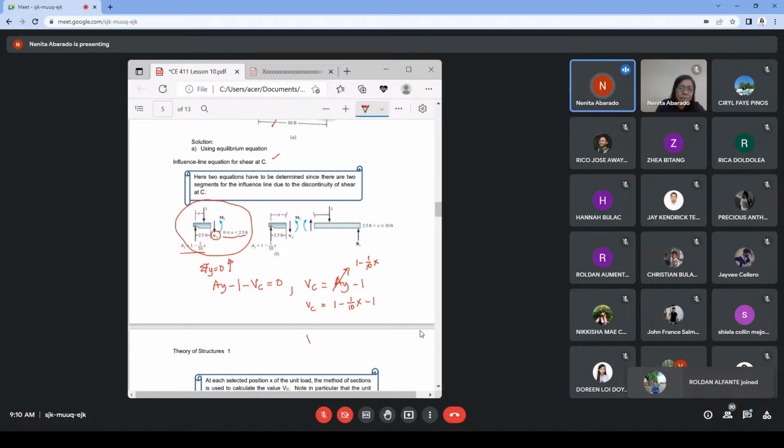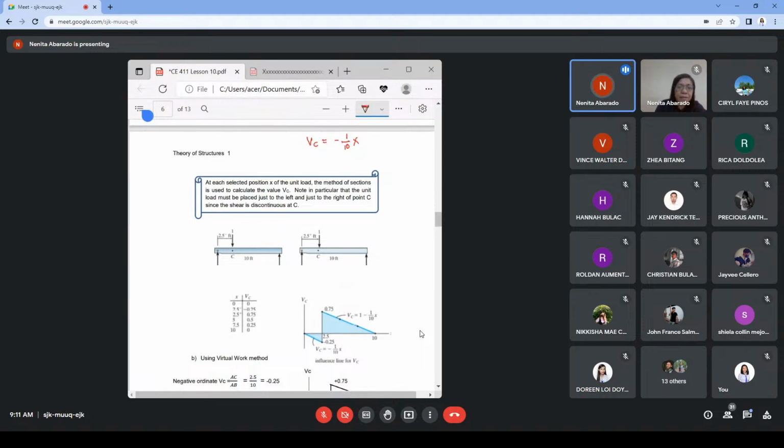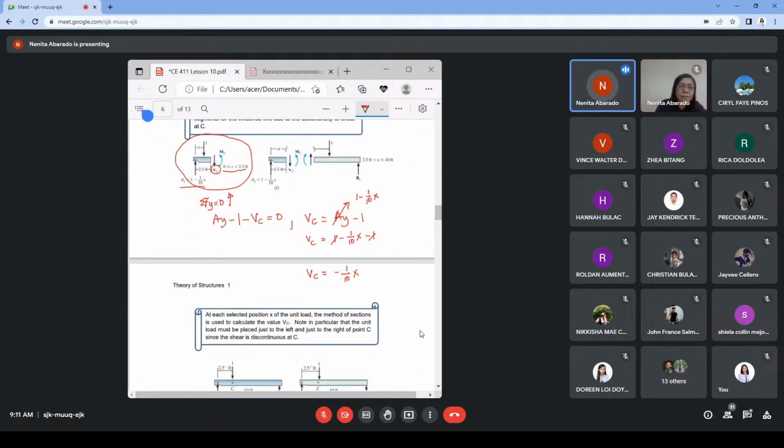Okay? So V sub C is equal to, cancel na, minus 1 over 10 x. So that is the equation for shear at C. Ano siya class, di ba? V sub C.